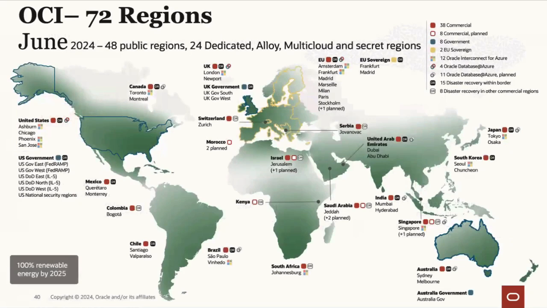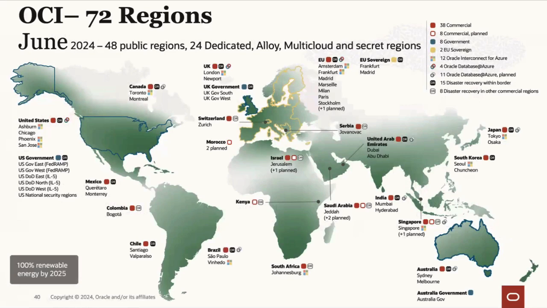Then just to refresh your minds on how OCI is structured: as of June 2024, we have 72 regions. We have public regions, dedicated regions, alloy, multi-cloud, secret regions, and government regions. You can see a world map here showing the different regions.